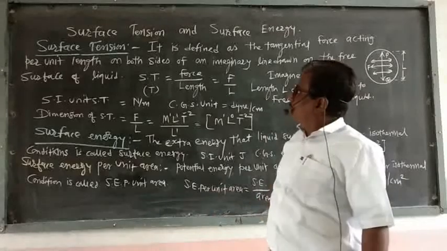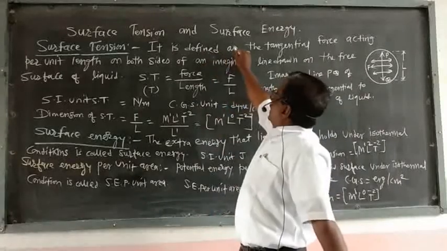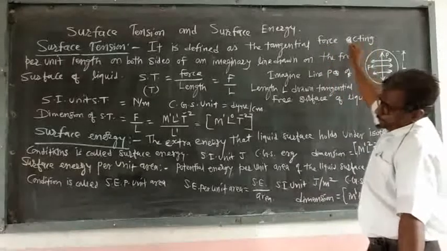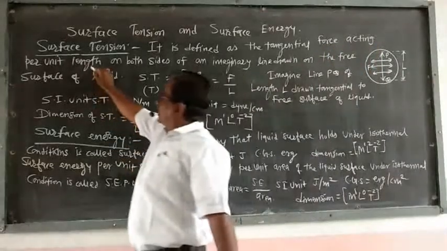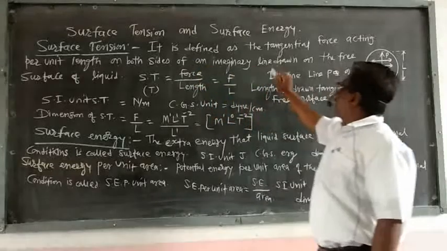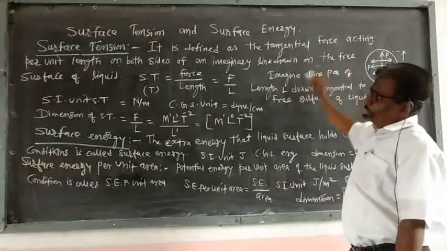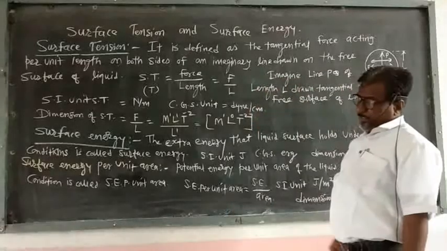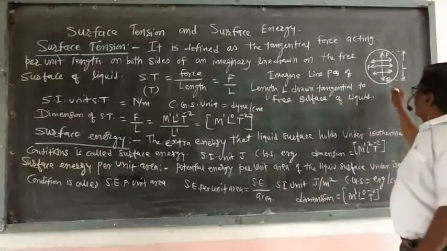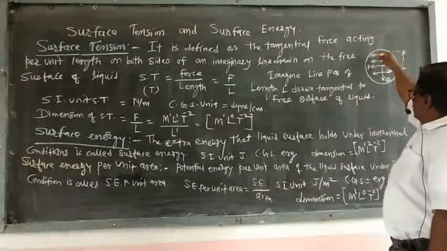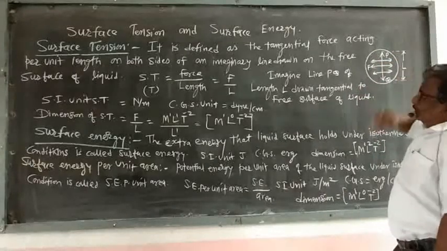Surface tension is defined as the tangential force acting per unit length on both the sides of an imaginary line drawn on the free surface of a liquid. Suppose in this figure we take a free surface of liquid.